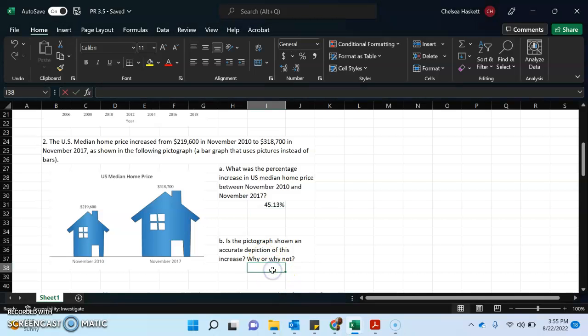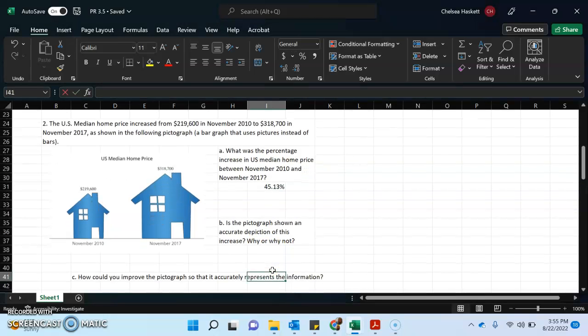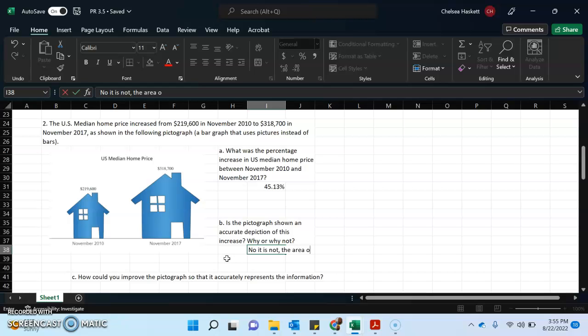Is the pictograph shown an accurate description of this increase? Well, if I look at this, in my opinion, no, it is not. The reason is the area of the bigger one is more than double the area of the smaller one.